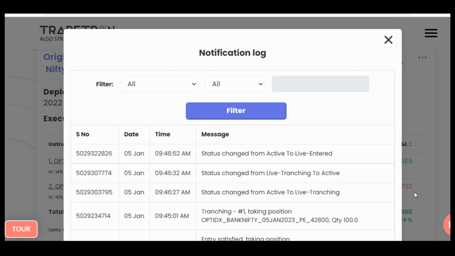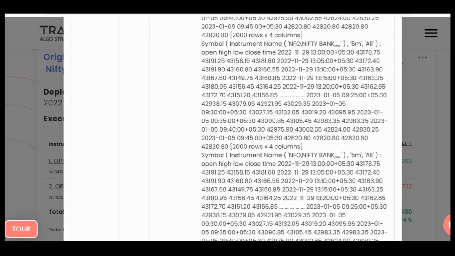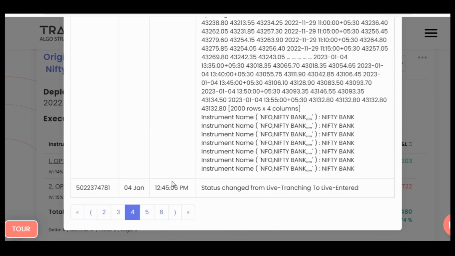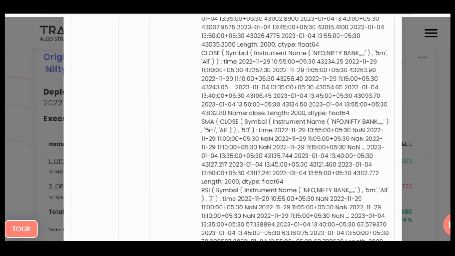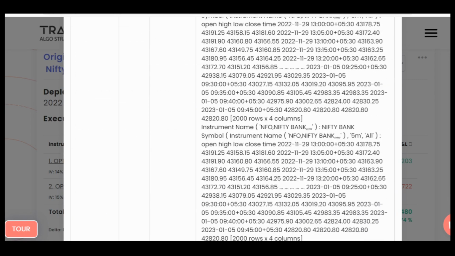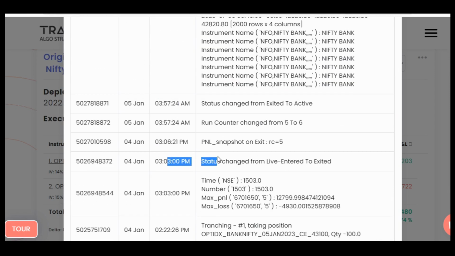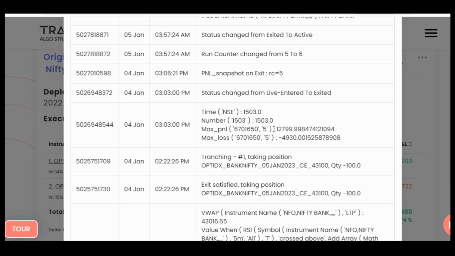For 4th Jan also you can fetch data. Okay, this is for 4th January. Still it's 4th January only. Okay, so on 4th January you can see max profit went up to 12,700. Max loss was this. So this day you would have got a very good amount of profit if you had used the trailing stop loss.